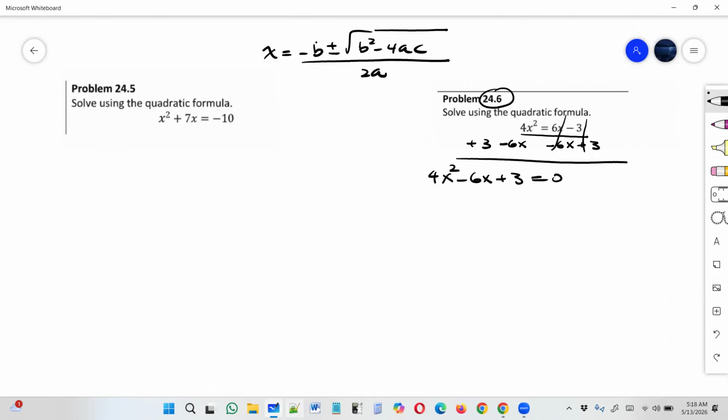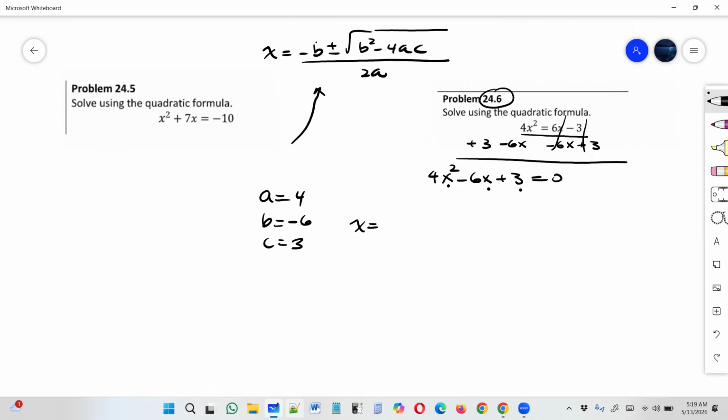These two cancel. Now, always write the quadratic equation in decreasing order of exponents, which is x squared, x, no x. Okay? Identify now a, b, and c. A is 4, b is -6, c is 3, and we put those values into the quadratic formula up here.